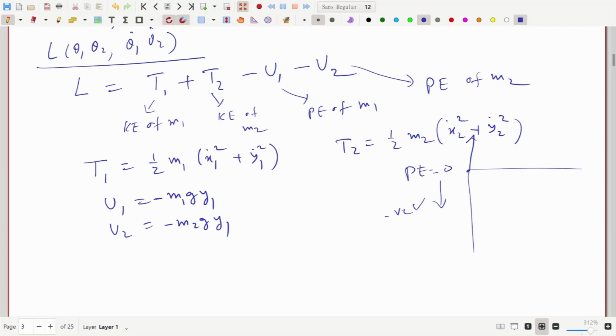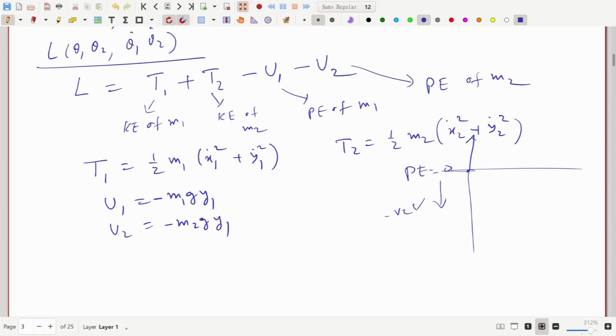So if you have the zero of the potential energy somewhere else, then the difference between the zeros of the reference frames is what you have to add to the Lagrangian, which is a constant quantity. So the Lagrangian will not be affected.